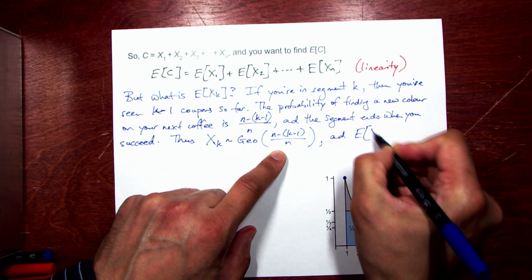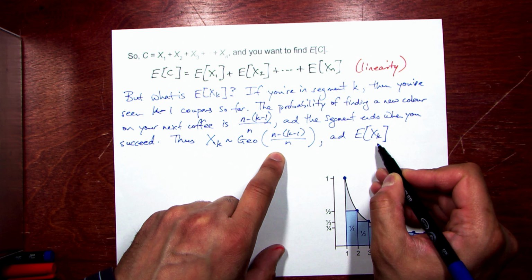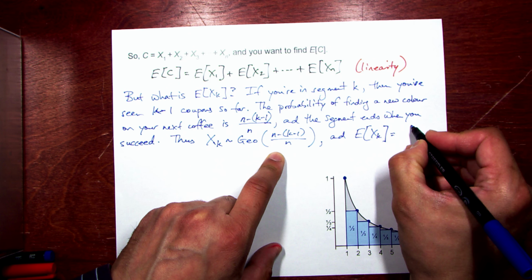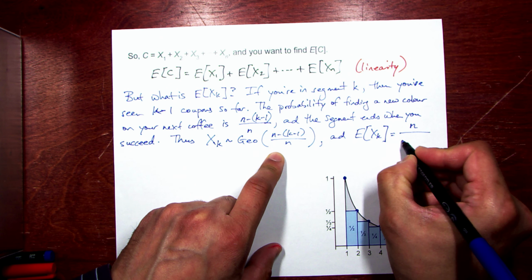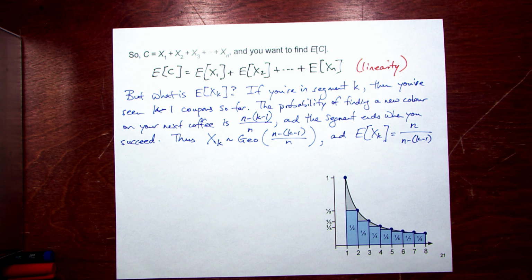So the expected value of x sub k is 1 over this. So we just invert that fraction. So n over n minus (k minus 1). Okay, all right, let's plug it in.